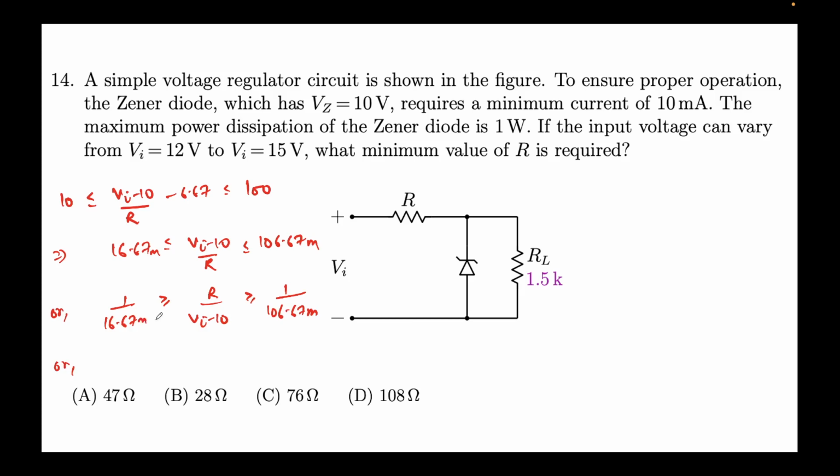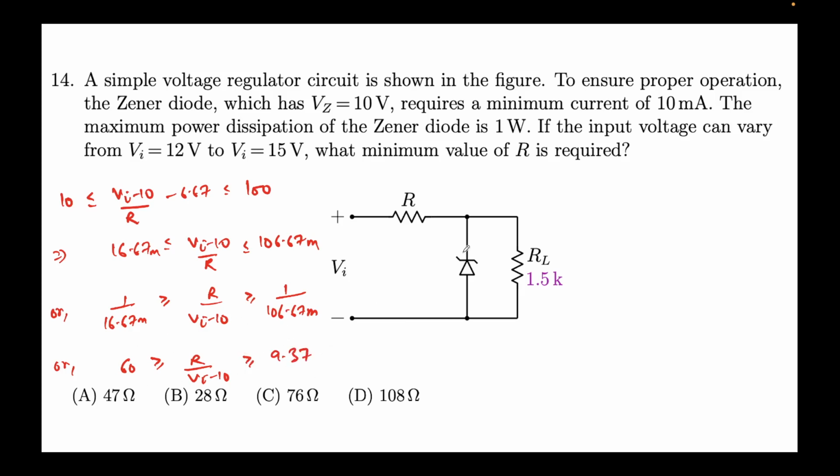So this will give me 1000 over 16.67, which comes out to be 60. 60 should be greater than or equal to R over Vi minus 10, which should be greater than or equal to 9.37. So this is the expression that I have obtained now.